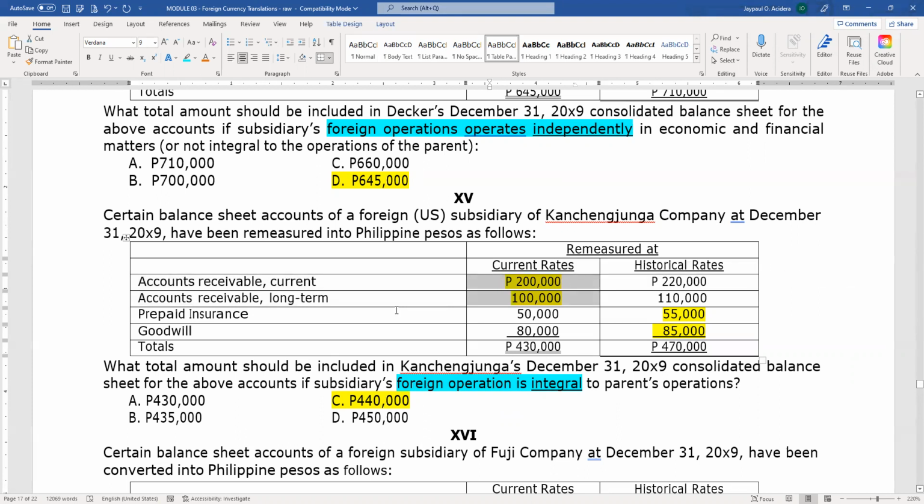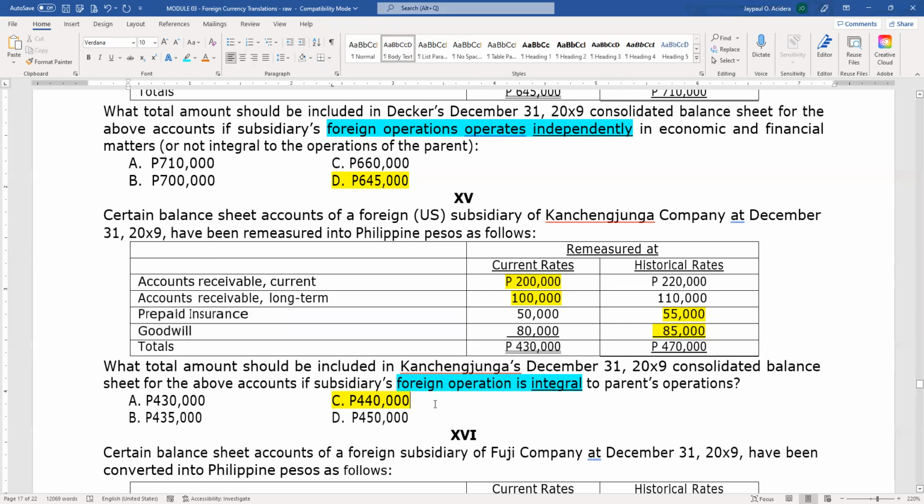non-monetary assets measured at cost, no? For example, prepaid insurance and goodwill, okay? Non-monetary assets at cost, we use the historical rates. That's why we're going to use 55,000 and 85,000.